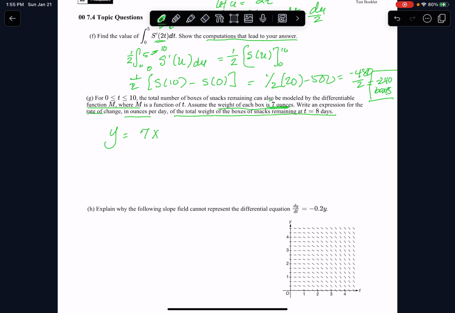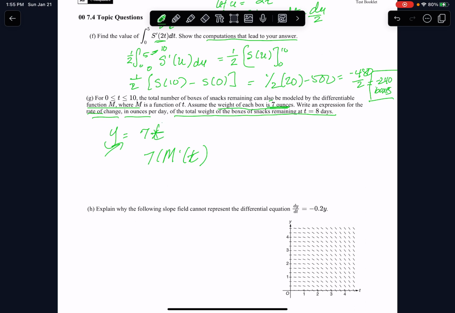But this is going to be m. And they don't want the y. So we have 7. And then when we take the derivative, because we want the rate of change, m prime of t, I guess.